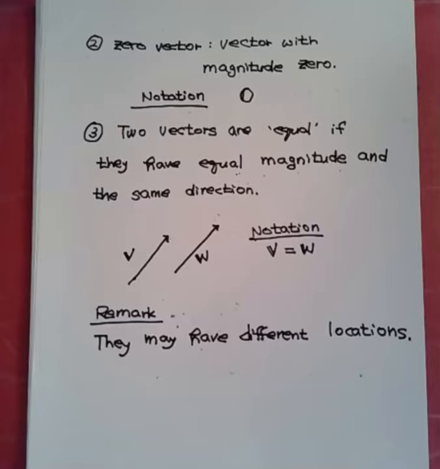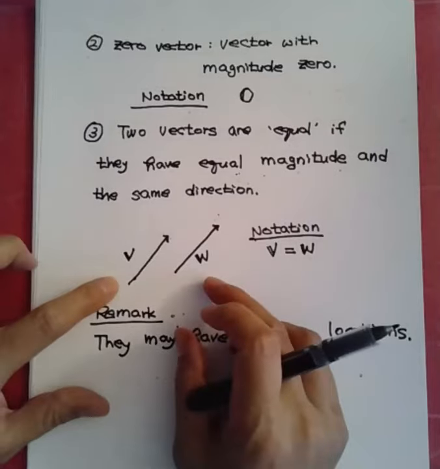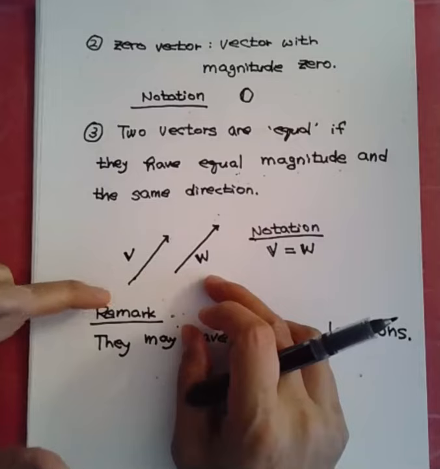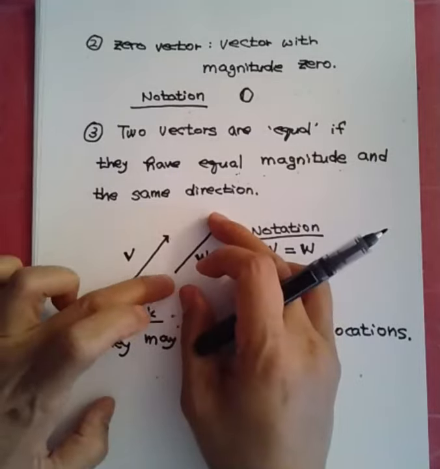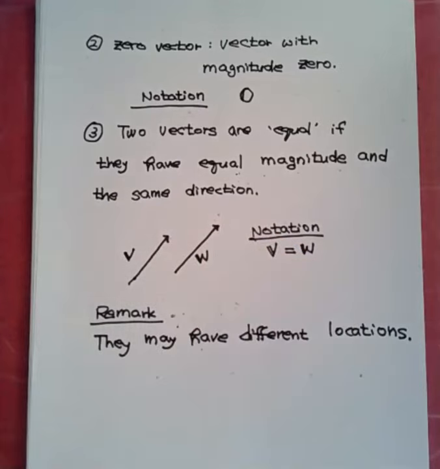When we discuss vectors, we discuss the direction and magnitude. So if 2 vectors have the same magnitude and direction, then we regard those vectors as the same. If you look at V and W, those are parallel and the lengths of the line segments are the same.